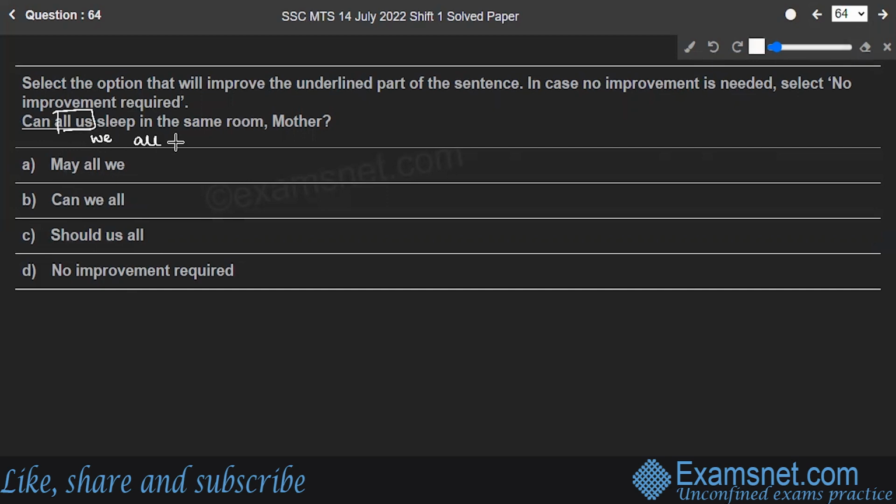May is used to express possibility or ask permission, right? Can is used to express ability or informally used to ask permission. Should is used to indicate what is probable, and we is a subject pronoun and is used in the subject position. Us is an object pronoun and is used in object position.